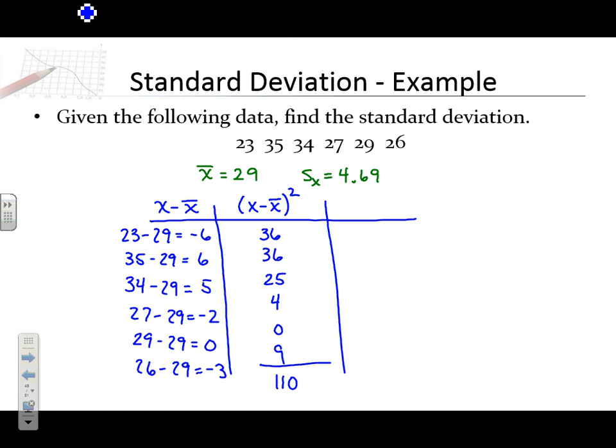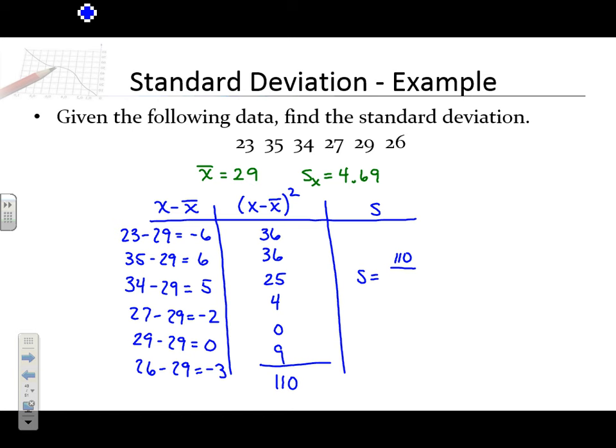So then when I come over here, this is where I'm actually going to calculate my standard deviation. So to calculate standard deviation, we said we need to take that top total, the sum of the squared deviations, the 110, divided by, what was on the bottom?